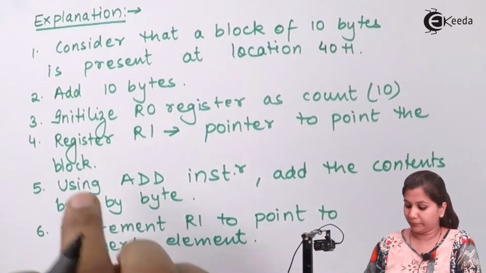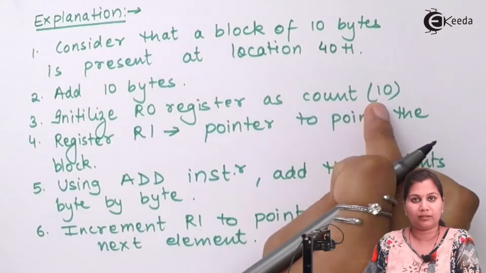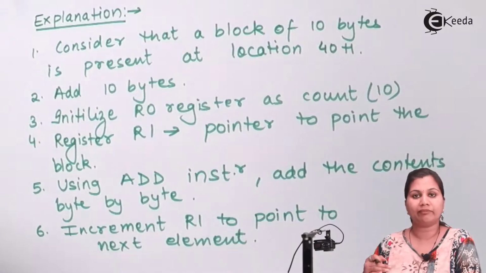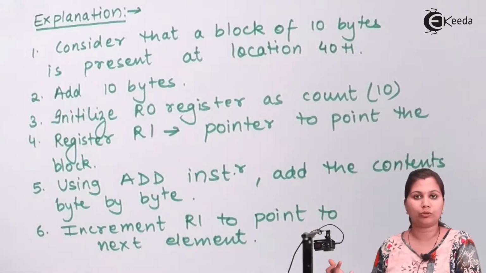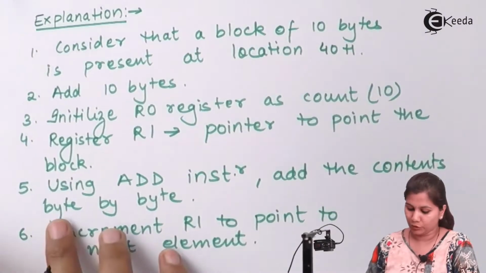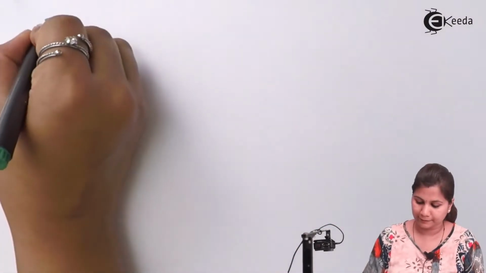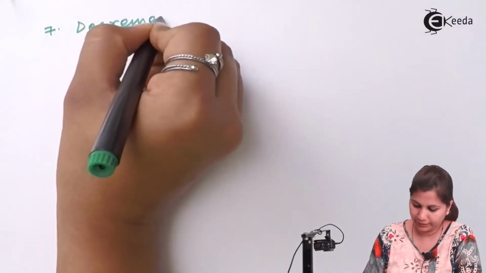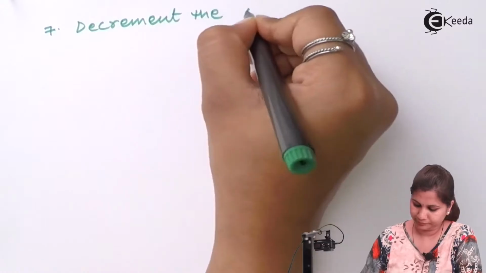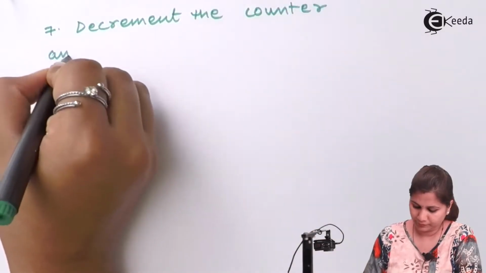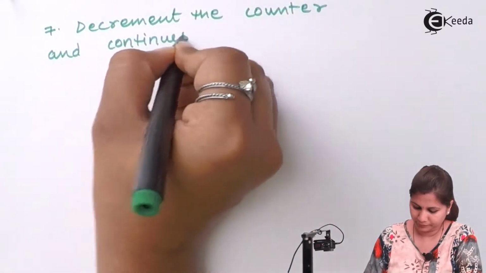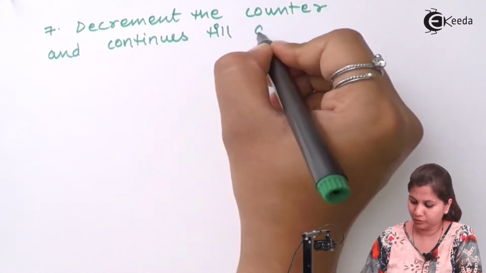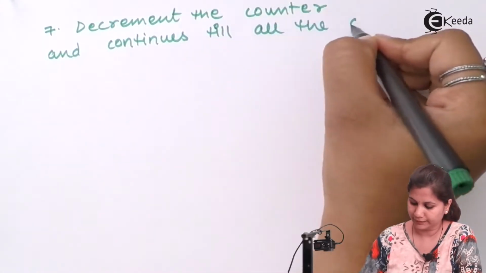Also, we have to decrement this count value 10 until it reaches 0, and if it is not touching 0, again and again we have to add the numbers. So next is decrement the counter. Continue till all the contents are added.